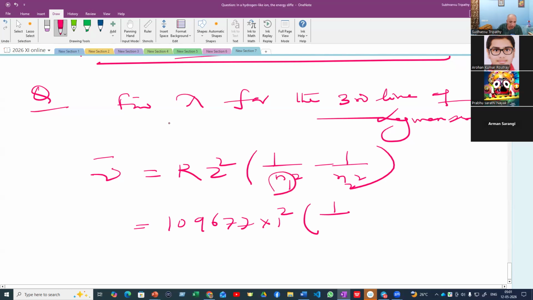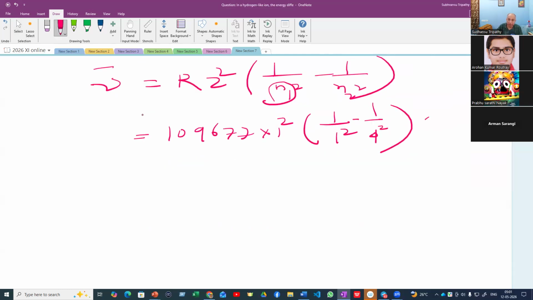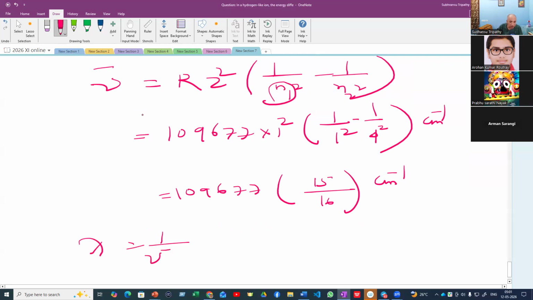So the destination shell will be 1, and you make a deduction: 2 to 1 first line, 3 to 1 second line, 4 to 1 third line. So this will be 4 square, and this is centimeter inverse. Lambda is equal to 1 by nu bar, just the reciprocal of this: 16 by 109,677.